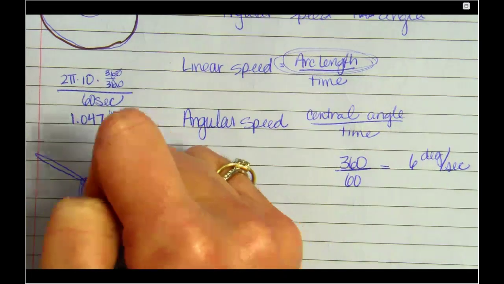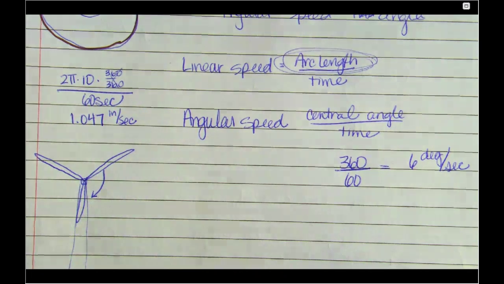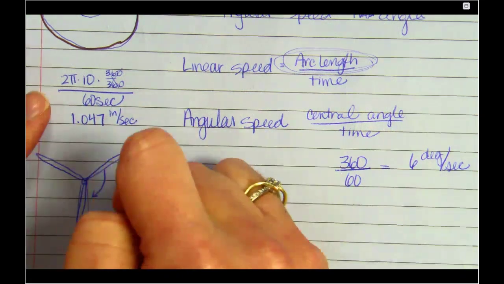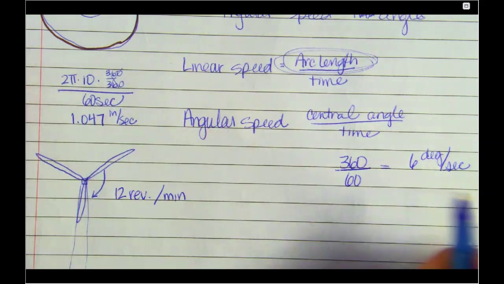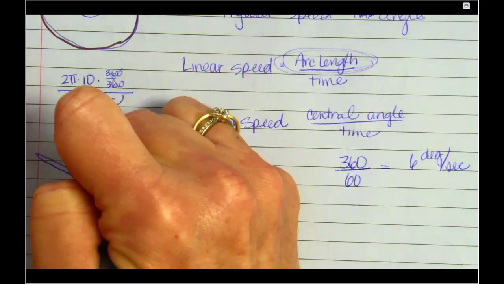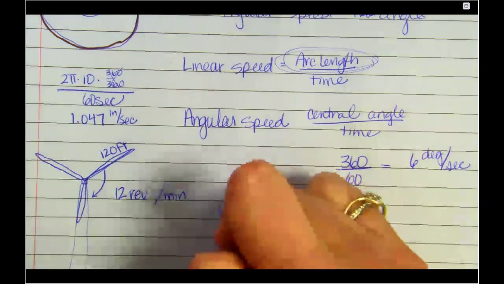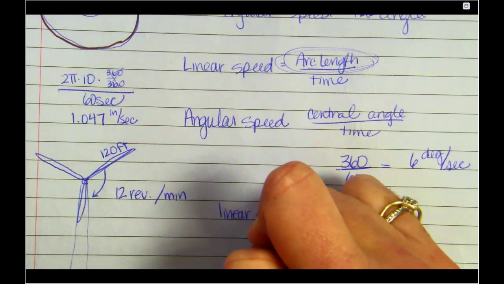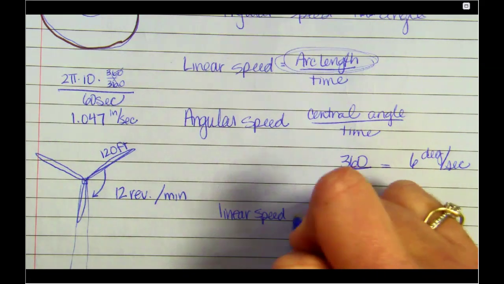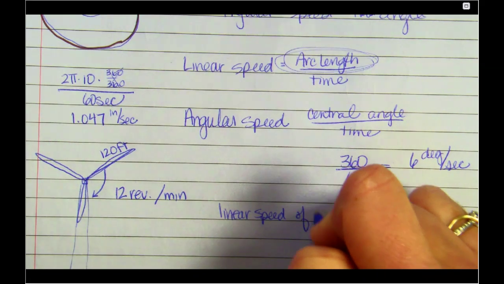And so let's say this guy is rotating 12 revolutions per minute, and his blades are 120 feet long. Okay, let's find the linear speed and the angular speed. And this is going to be the linear speed of the blade tips.